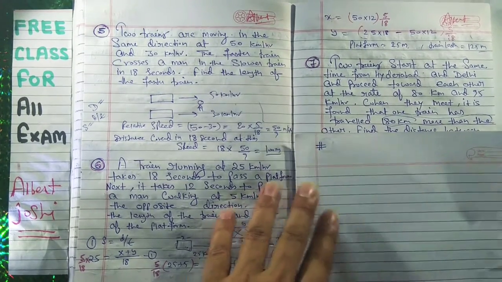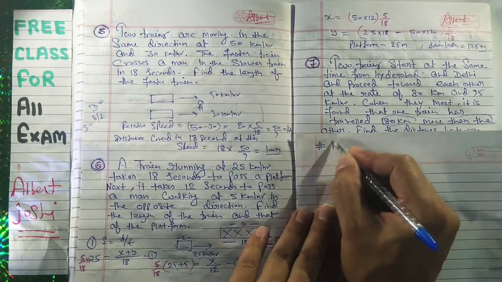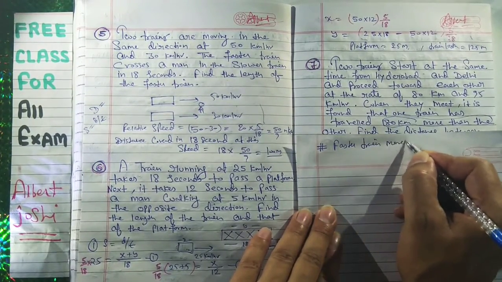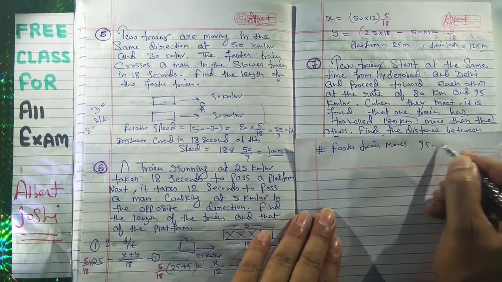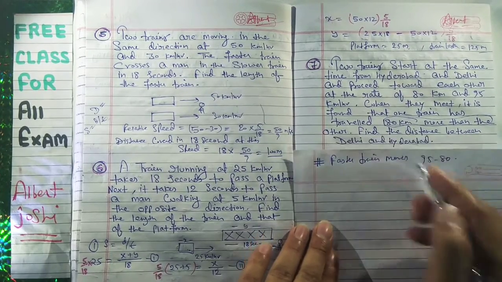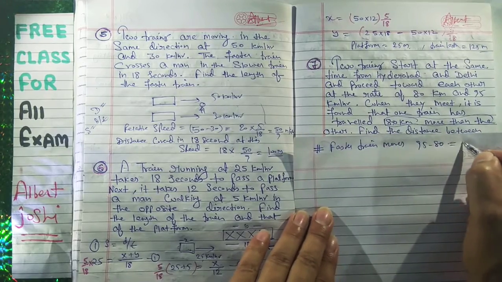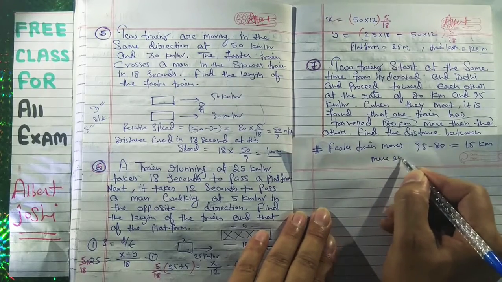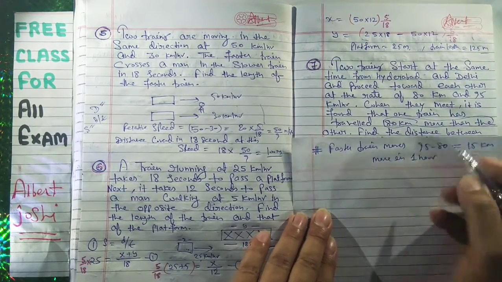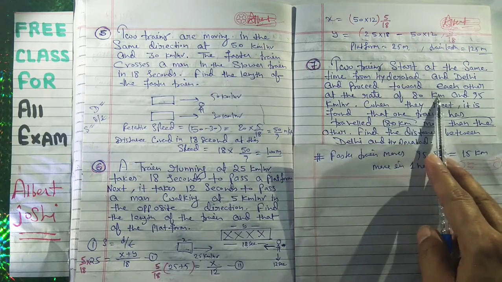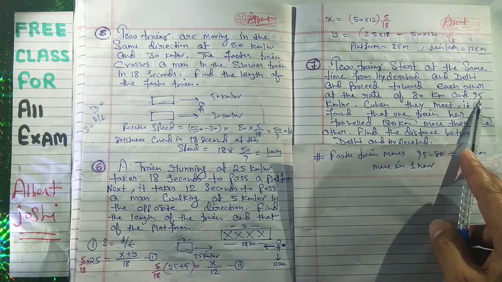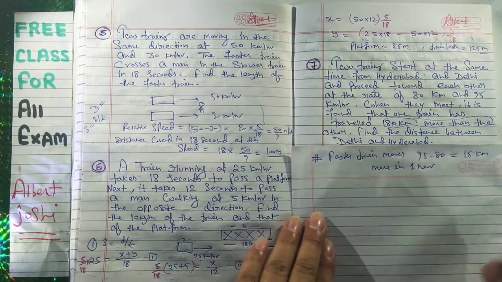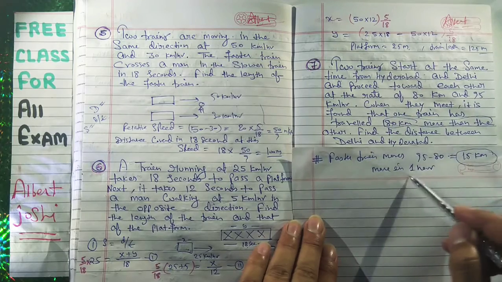So I will give you another explanation. The faster train moves 95 minus 80, which is equal to 15 kilometers more in 1 hour. Why 1 hour? Because one is traveling 80 kilometers per hour and the second one is traveling 95 kilometers per hour. So the faster train moves 95 minus 80, equal to 15 kilometers more in 1 hour.